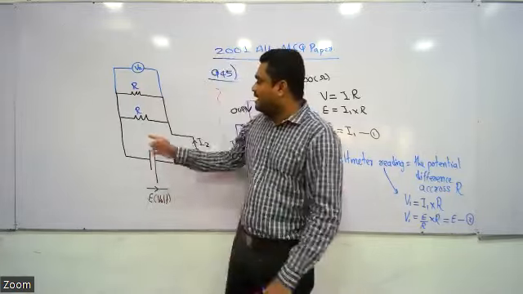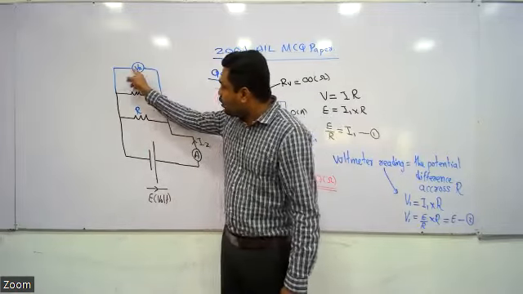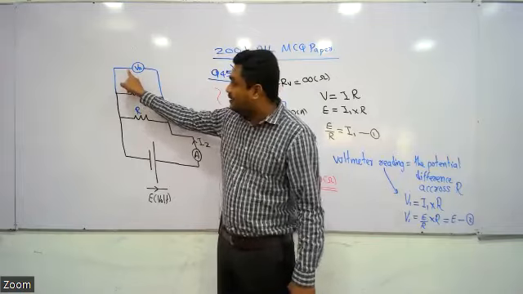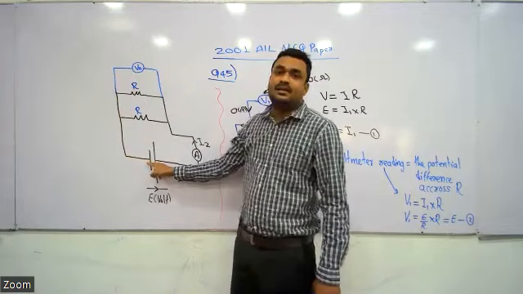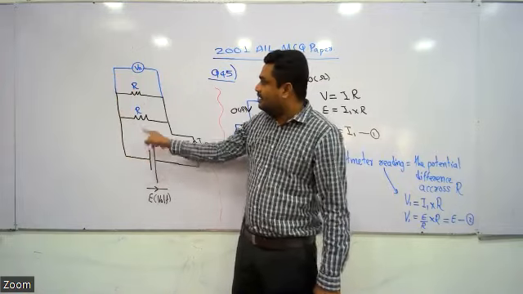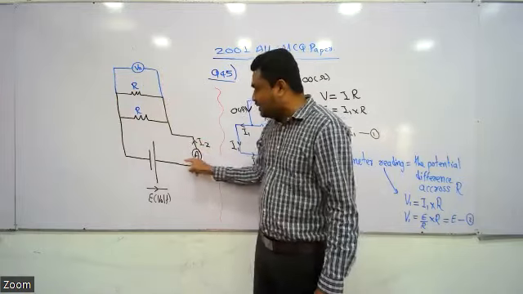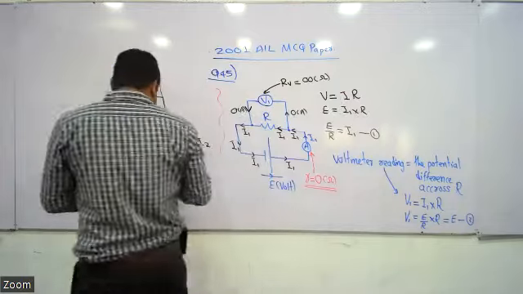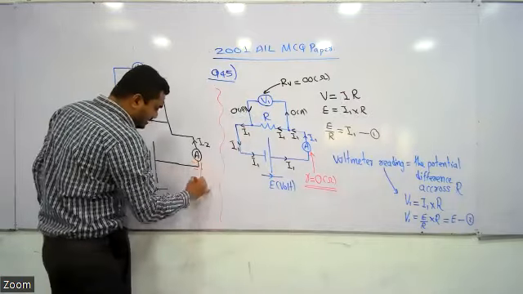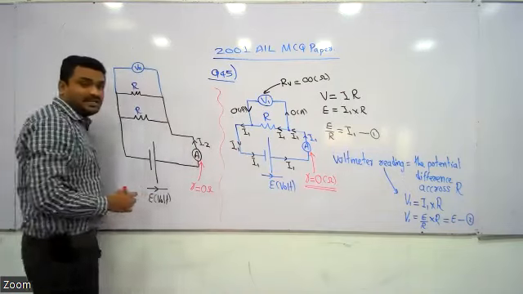So here also we can apply the same theory. Look at the board here. This terminal of the voltmeter is directly connected to the negative terminal of the battery. The other terminal of the voltmeter is connected to the battery through the ammeter, but the ammeter is ideal, which means its resistance is zero.